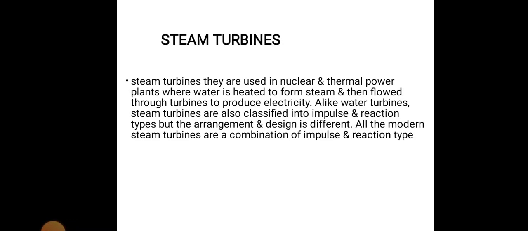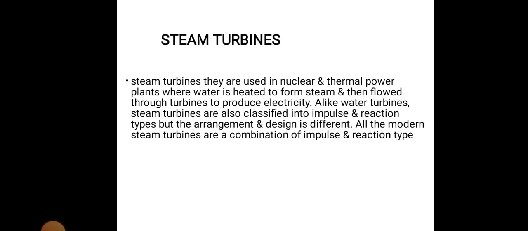Then steam turbine. We are going to see about the steam turbine. A steam turbine is nothing but like a water turbine, but here steam is used to operate the turbine. They are used in nuclear and thermal power plants where water is heated to form steam and then flowed through turbines to produce electricity.